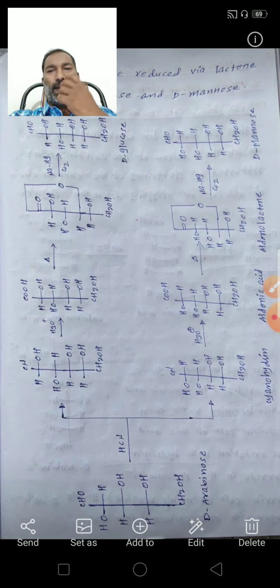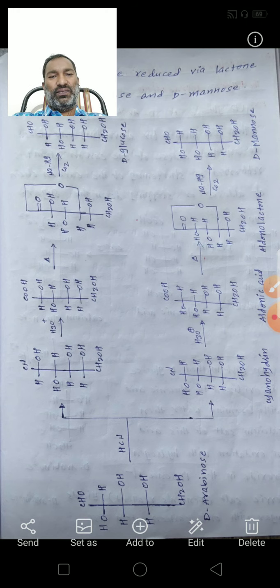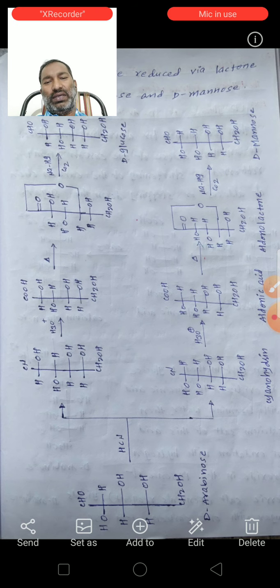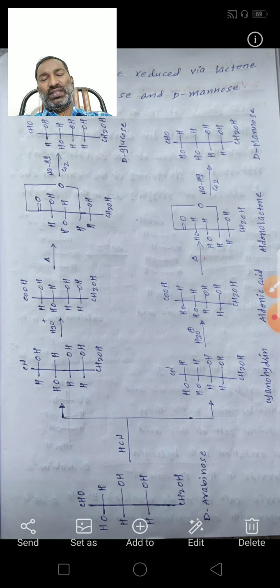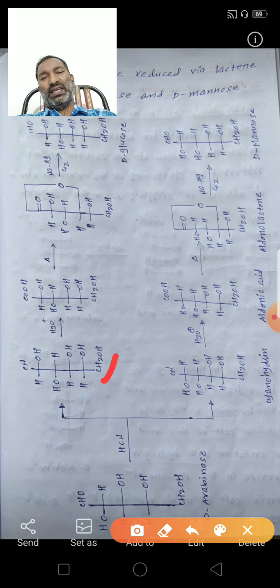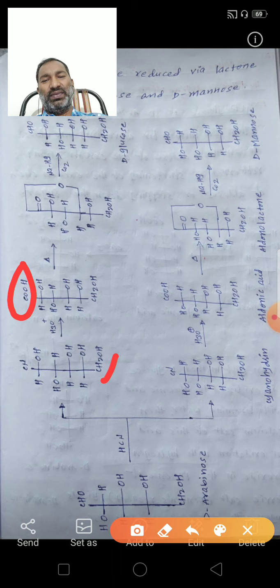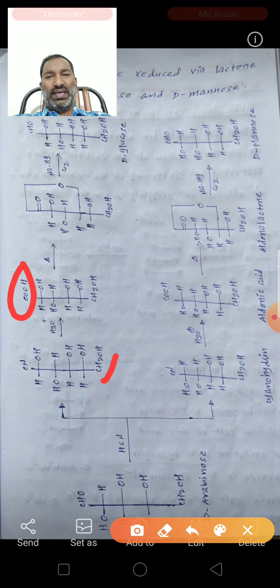It will form D-glucose. This is the mechanism of D-arabinose to D-glucose. Arabinose reacts with hydrogen cyanide, so it will form a cyanohydrin. When the cyanohydrin undergoes hydrolysis, the CN group converts into a COOH group, which gives an aldonic acid.